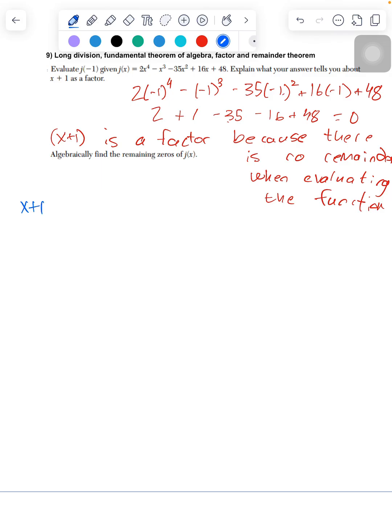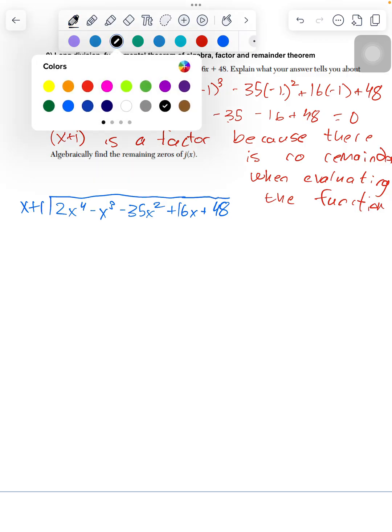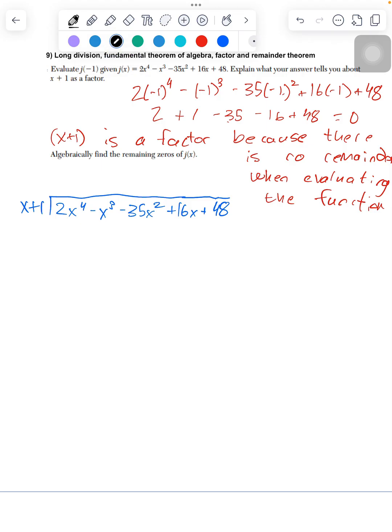Let's set this up, x plus 1 over 2x to the 4th minus x cubed minus 35x squared plus 16x plus 48. All right, I should have given you guys fewer problems on the review sheet because I'm having to do so many explanations. All right, leading term divided by leading term, 2x to the 4th over x equals 2x cubed.